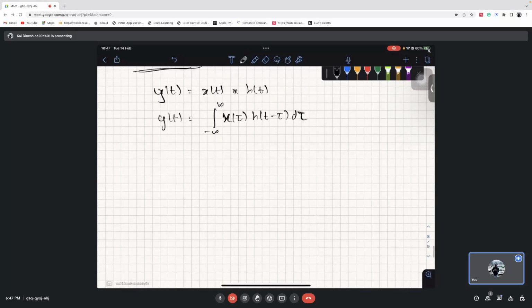Similar case, but now we have an integral in place of a summation because it is a continuous time signal.